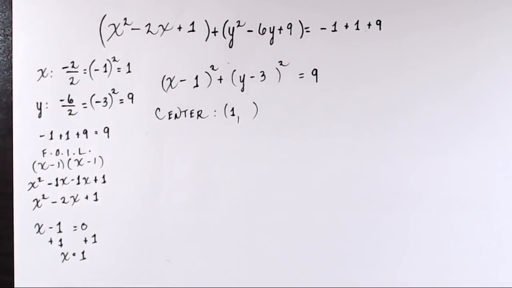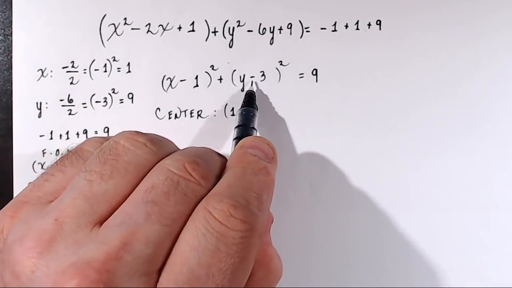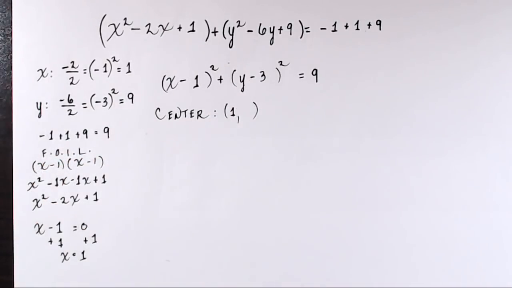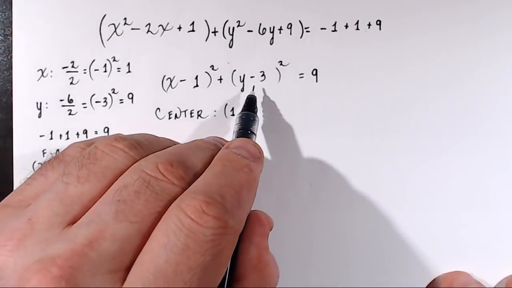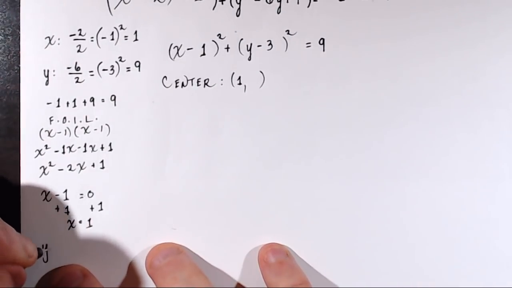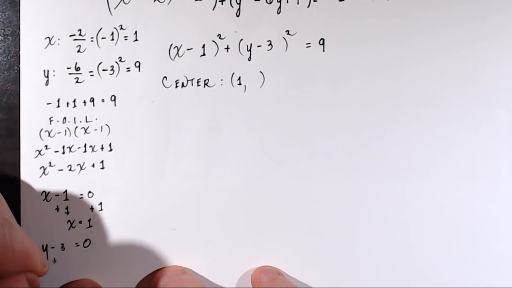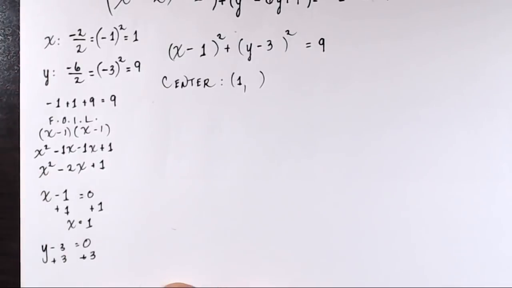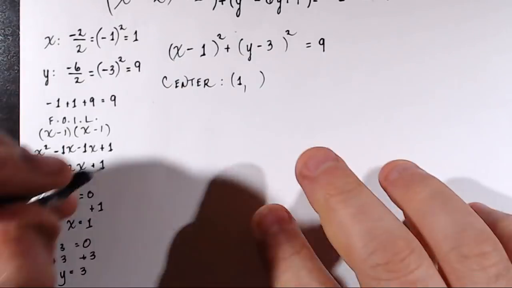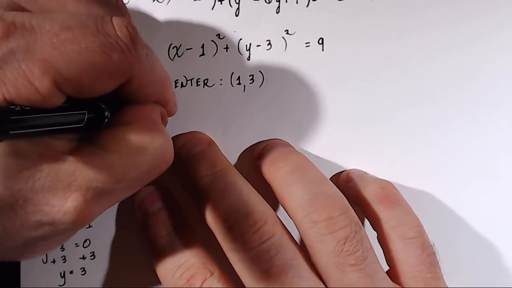When you try to jump ahead a little bit, you start to see that when you have a negative 3 right here, you know that when you set y minus 3 equal to 0 and solve for y, you will turn that negative 3 into a positive 3. So if you got y minus 3 equals 0, I want to know what y is. I add 3 to both sides, and I get y equals positive 3. So 1, 3.